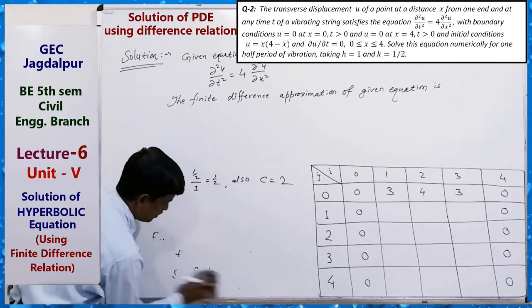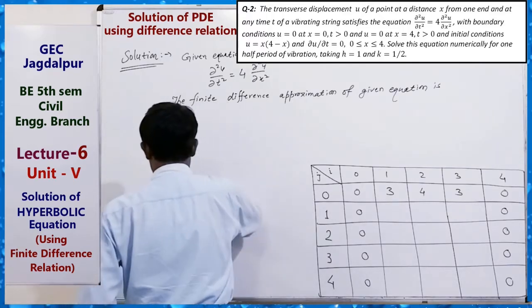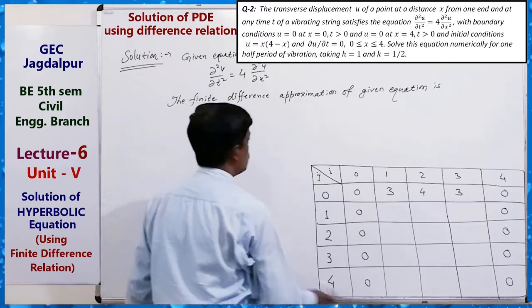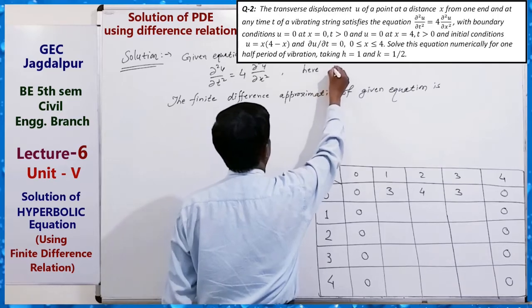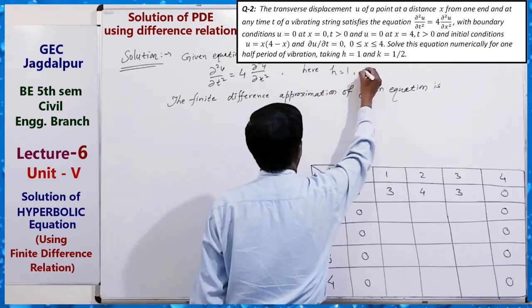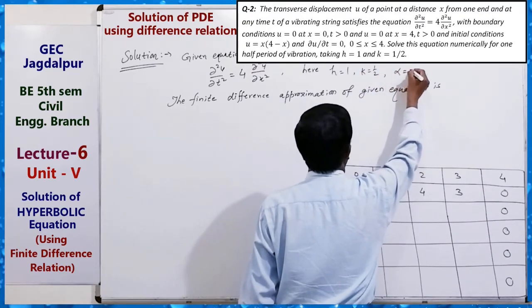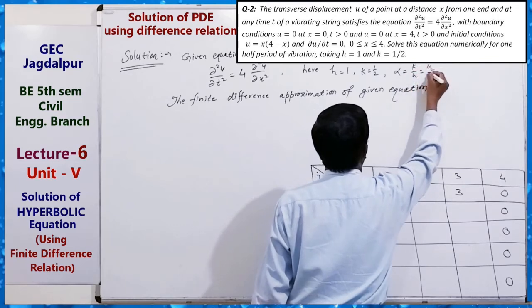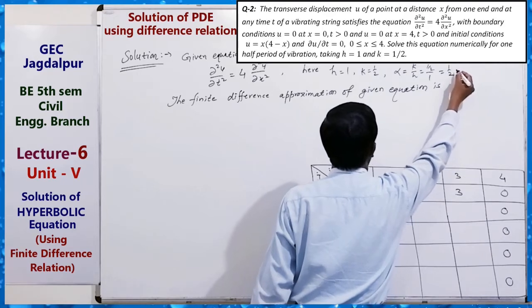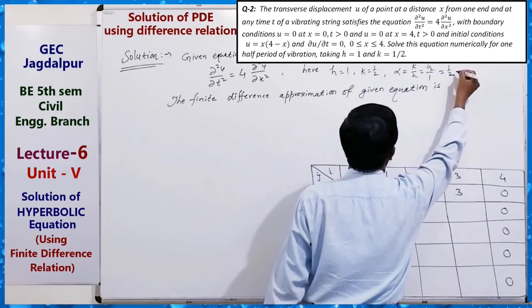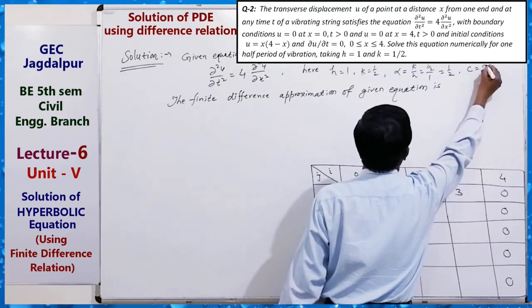Just use all these values here. Here h equals 1, k equals 1 by 2, and alpha equals k by h, 1 by 2 upon 1 equals 1 by 2, and c equals also 2.